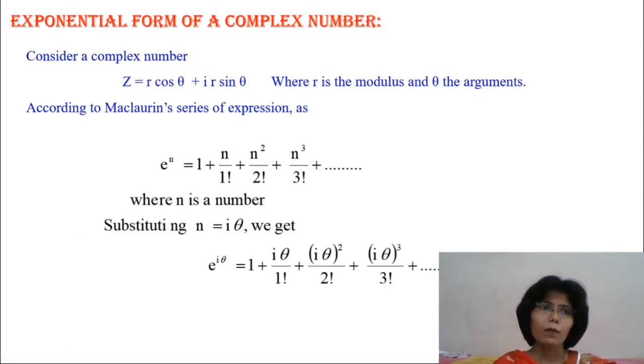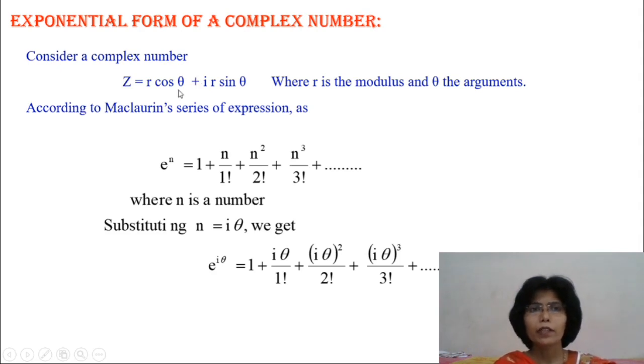Now we'll study the exponential form of the complex number. Consider the complex number z = r cos theta + i r sin theta, which is the polar form of the complex number, where r is the modulus and theta is the argument.